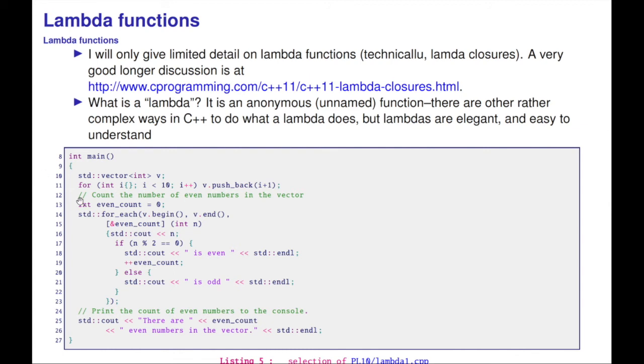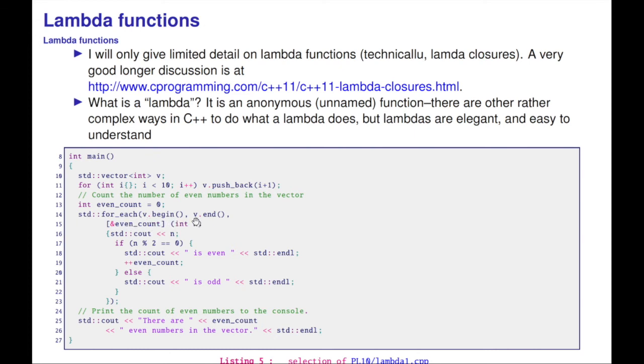So I've got, for example, a vector. I add some elements to the vector, and I've got an even count over here, and I use something called for_each, which I'll explain in a minute, but it goes from beginning to end, and then uses a rather weird object over here, which is called a lambda function, which I'll discuss how it works, but essentially it takes even count as a reference.